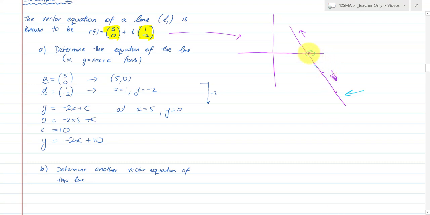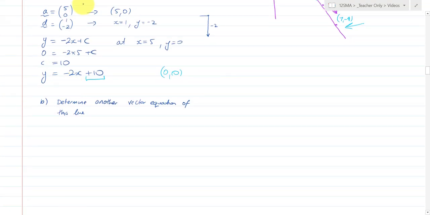I know that I moved along from 5 to 6, and I moved down 2. That was (6, -2). So I could use that position. Or I could use (7, -4). Or that's my y-intercept plus 10. So I could use (0, 10). And each of those yields a new separate vector equation of this line. So I have got, not y anymore, I've got r(t), which is a vector, equal to a plus td.